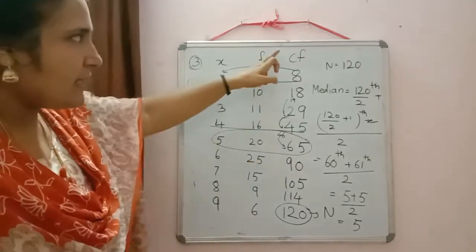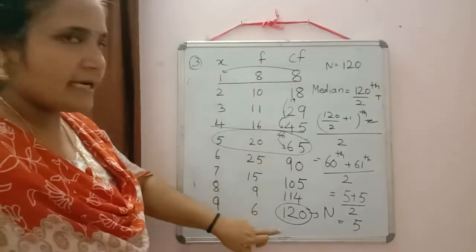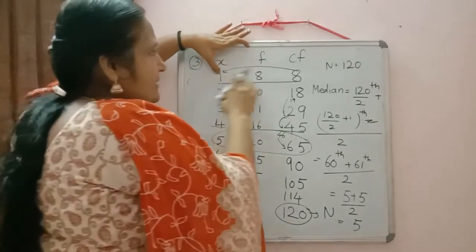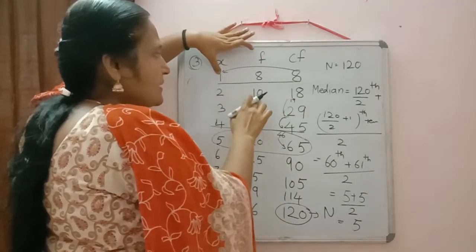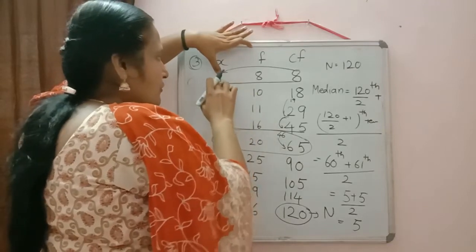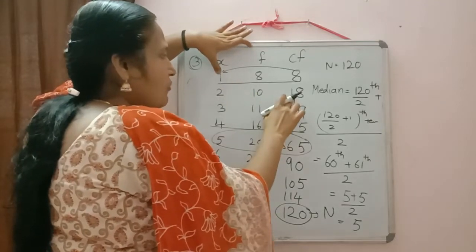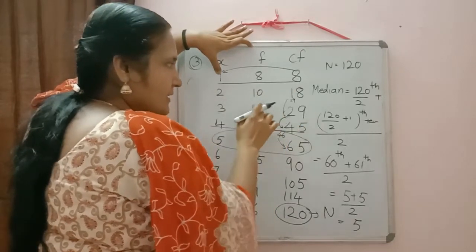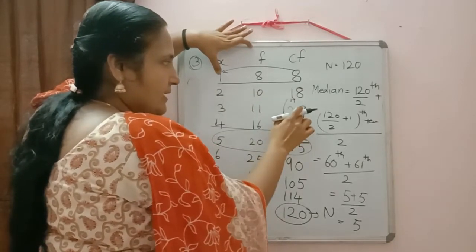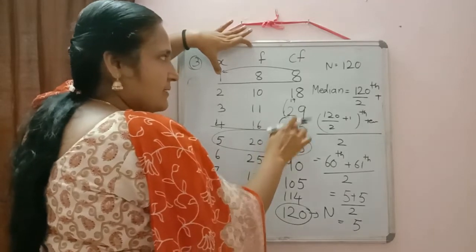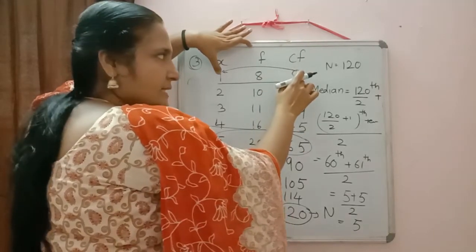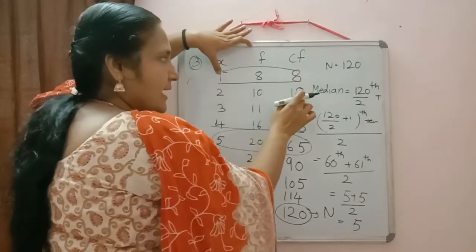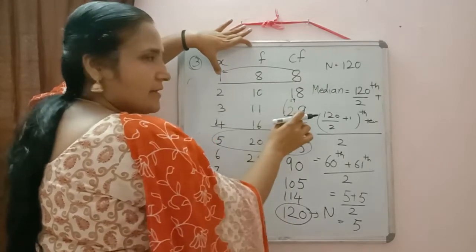Again I am explaining. First we calculated the cumulative frequency. How did we do it? In this way. 1 is repeated 8 times, 2 is repeated 10 times. If you check 1 and 2, total how many numbers are there? 18, so I wrote 18 here. Then in this way, 18 plus 11, 29. 29 plus 16. So write down the first frequency as it is and then add it to the next frequency. 8 plus 10, 18. 18 plus 11, in this way.